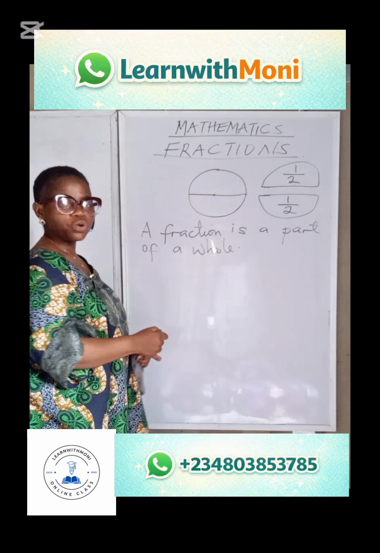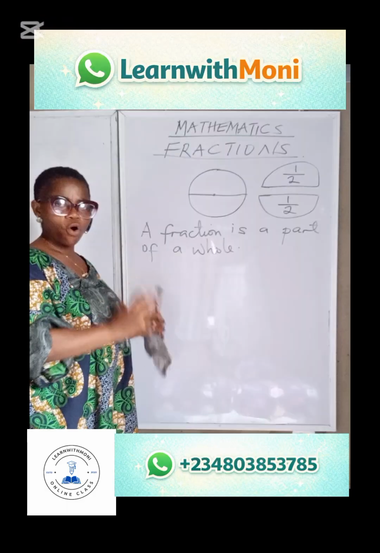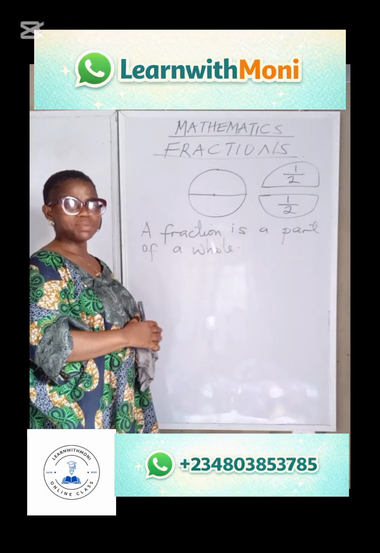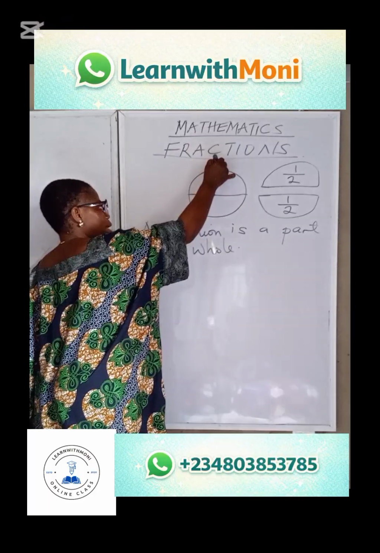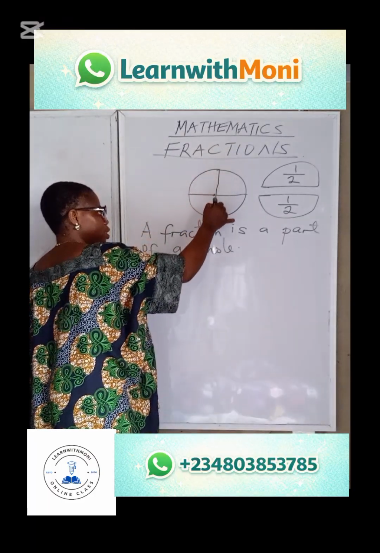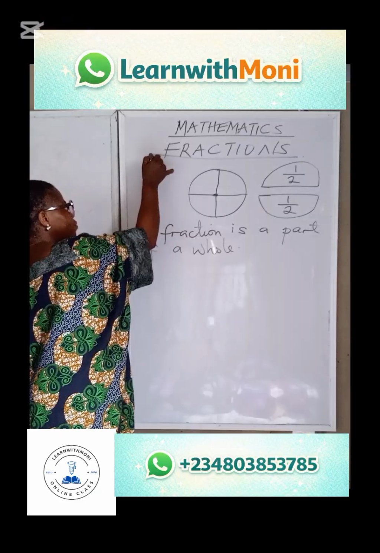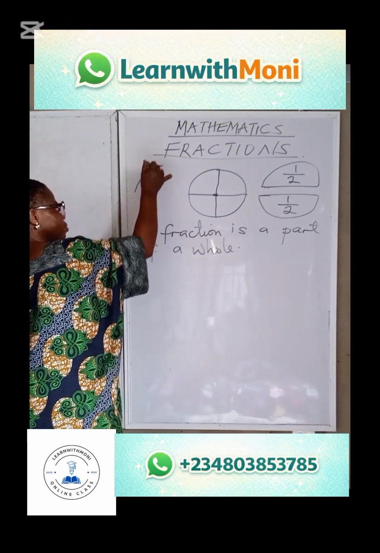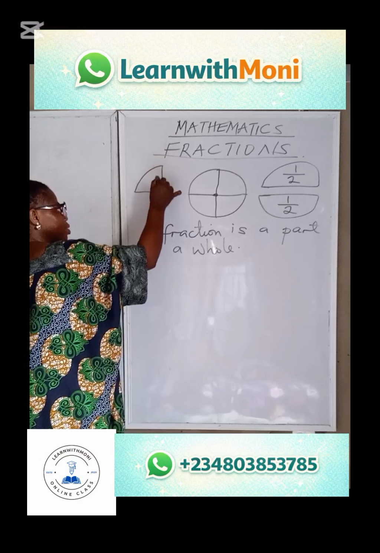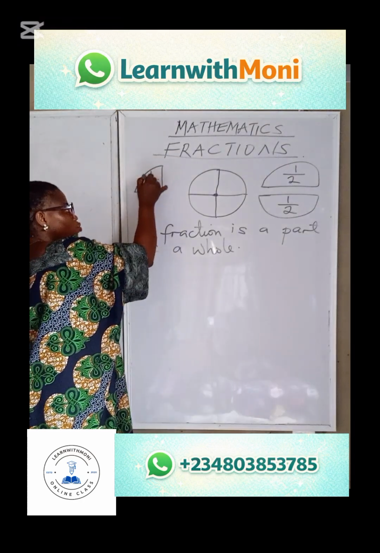So once you don't have the entire part of a whole object, that means it is a fraction of it you have. Let's imagine I am cutting into four different parts now. So I have this part, let us assume that is one part out of four.